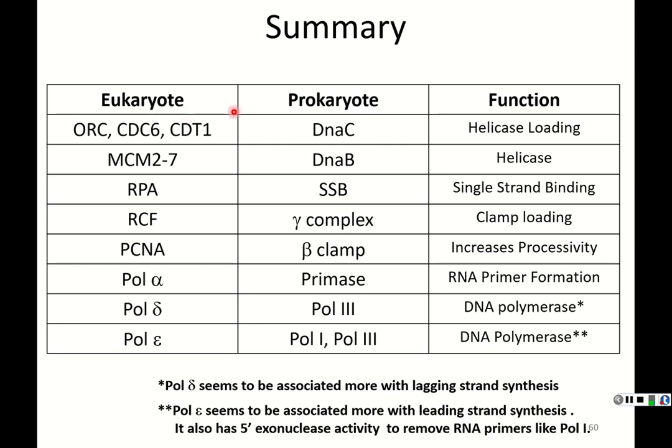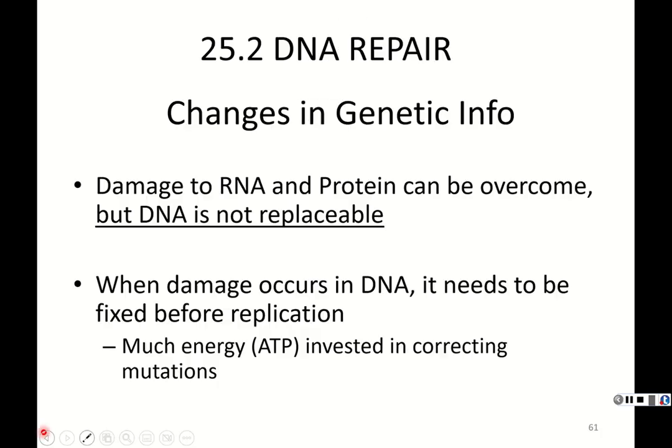For eukaryotic replication, just being able to know which proteins are similar, I think, is important, and specifically the two polymerases and the helicase protein. Okay, so that kind of clears up the first section of chapter 25.